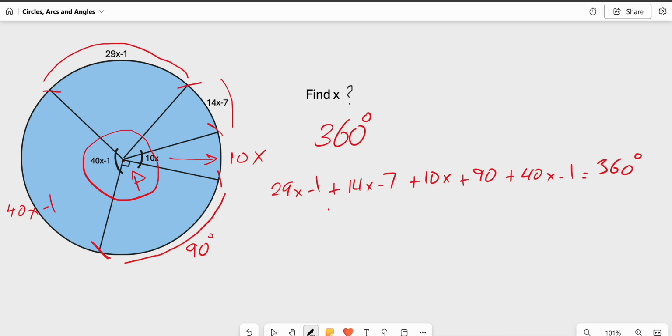And at the end, once you do all this operation, we end up with x equal to 3.